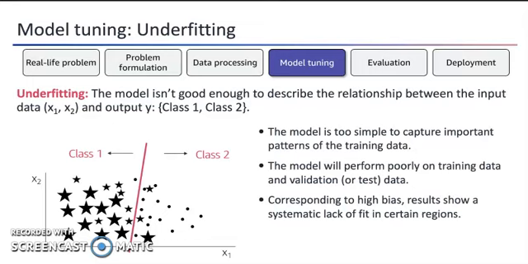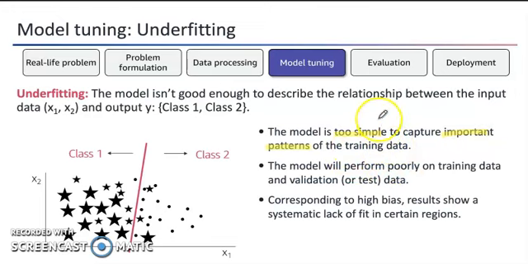So basically the reflection here is that perhaps the model is overly simplistic, and is basically incapable of handling important patterns of the training data set.